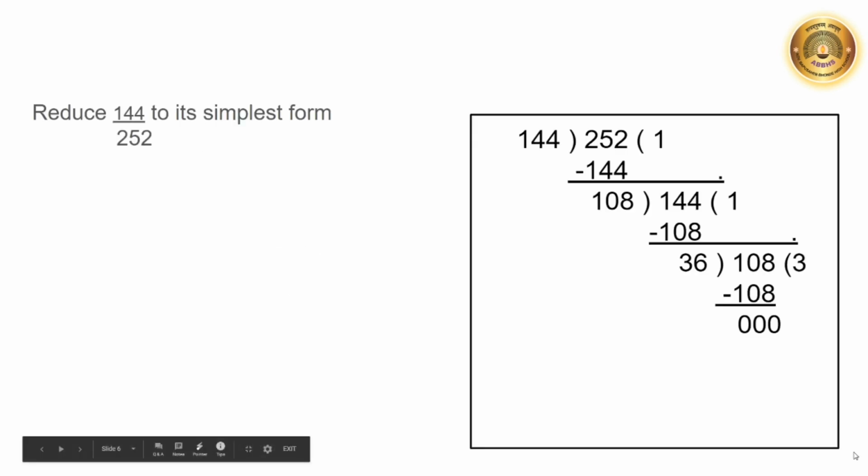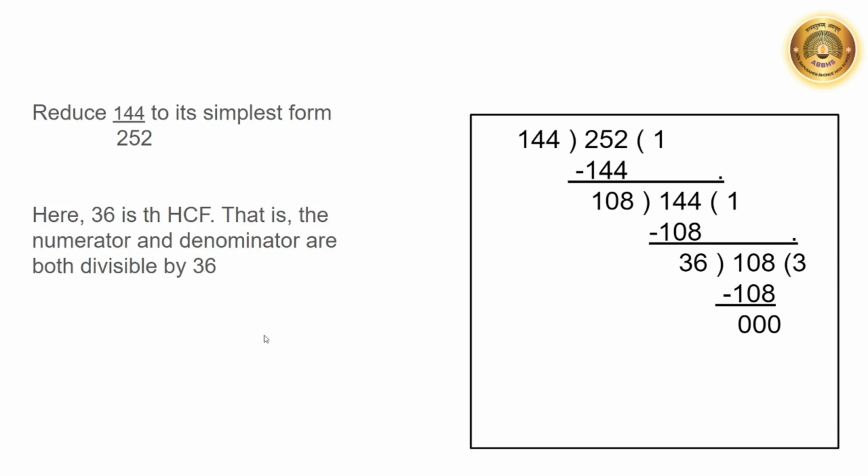Now the division method can be used to reduce fractions to their simplest form. I take the same example, reduce 144 upon 252 to its simplest form. Using the division method, we found that 36 is the HCF, that is, the numerator and the denominator are both divisible by 36.